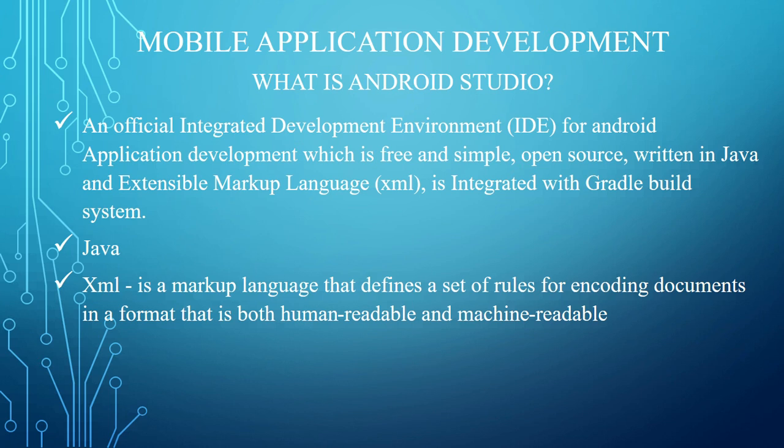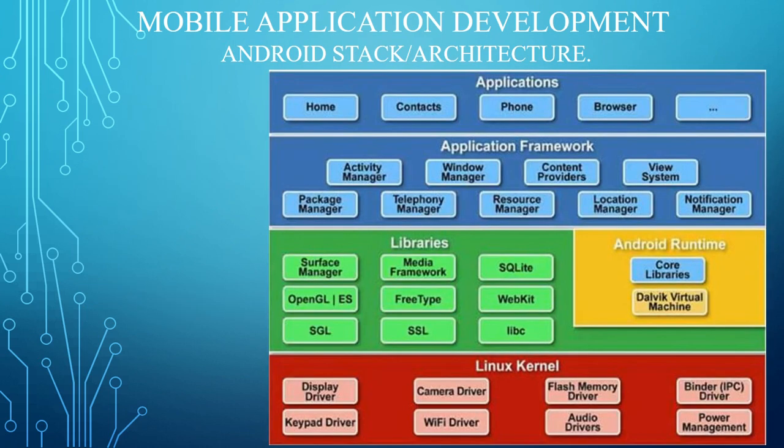So XML for user interface, Java or Kotlin for logic of the application. Right, so this means that in each and every Android application there are two files. The first file, which is for logical control, the second file, which is the XML, which is meant for user interface. Java or Kotlin for logic control, XML for user interface.